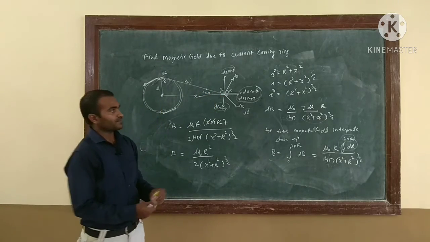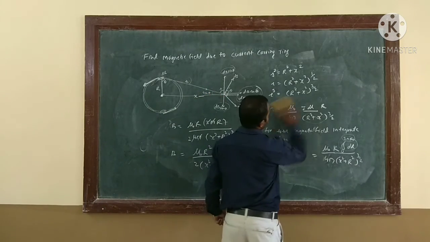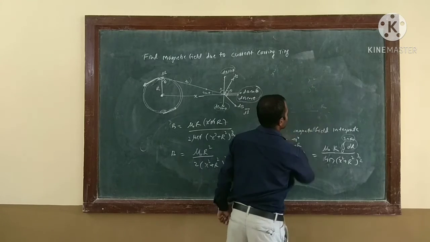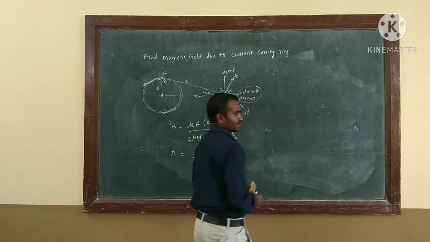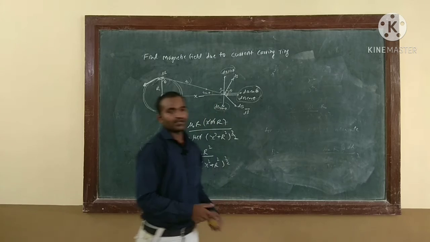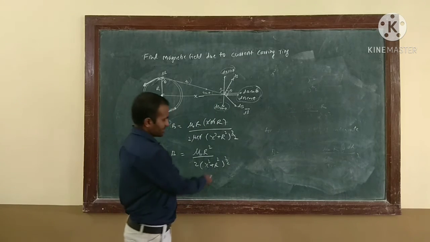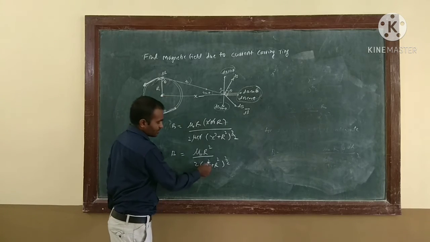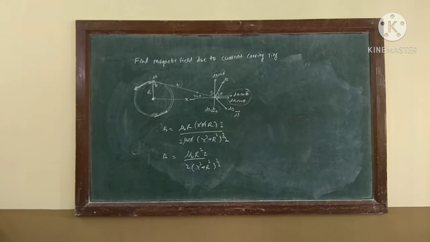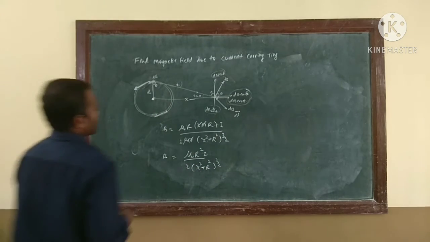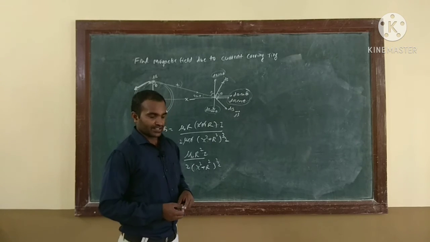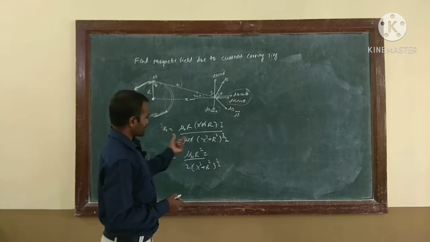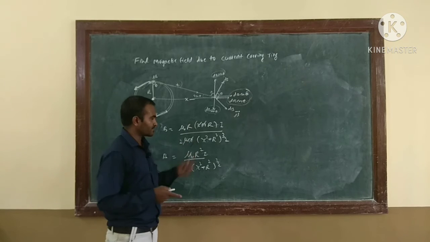Now, special cases. What may be the special cases? Find the magnetic field at distance x, and find the magnetic field at the center. So this is the magnetic field due to a single ring.